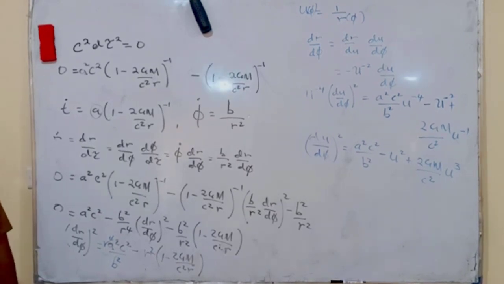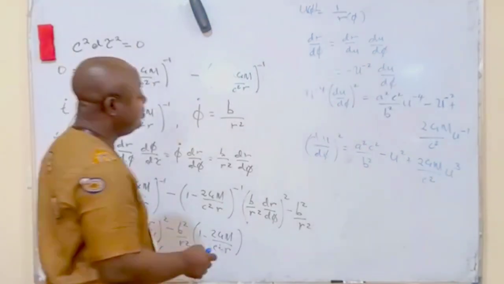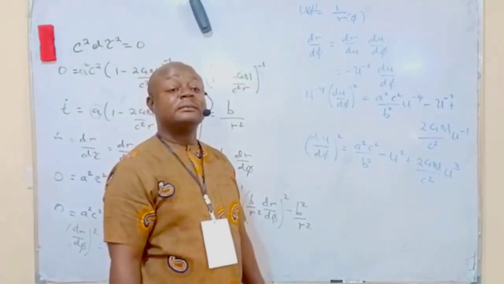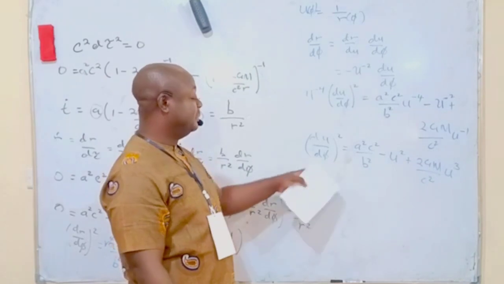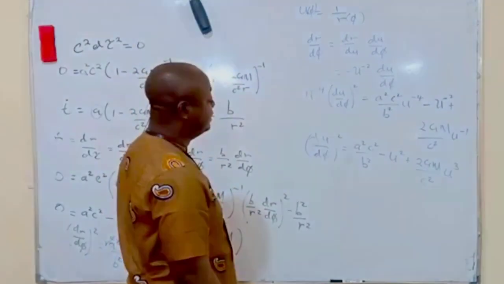So what next? What do you think we should do next? We need a second derivative. So we differentiate this with respect to phi.